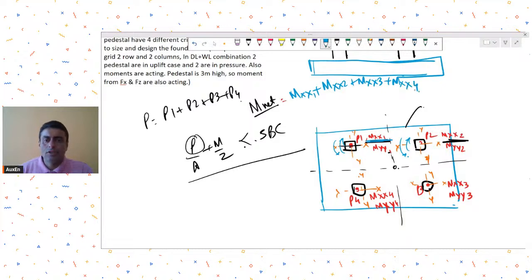So for example, this P1 into this distance. Are you with me so far? This distance is y2. So this is my global X, let's say. Plus you will also have to take the net effect of the moment due to the load eccentricity. Do you get it?